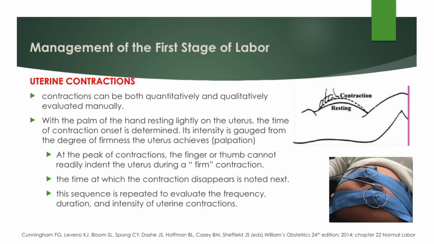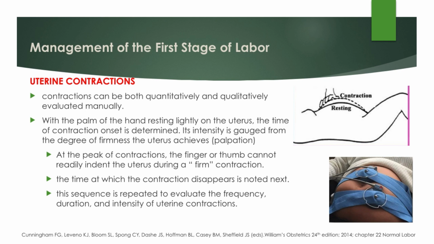We also monitor the uterine contractions, and contractions can be both quantitatively and qualitatively evaluated manually. But usually, we use the palm of our hands in monitoring contractions. We can also use, as shown in this picture, an electronic machine to detect uterine contractions. So when we do it manually or by palpation, usually we use the palm of our hand resting lightly over the uterus.